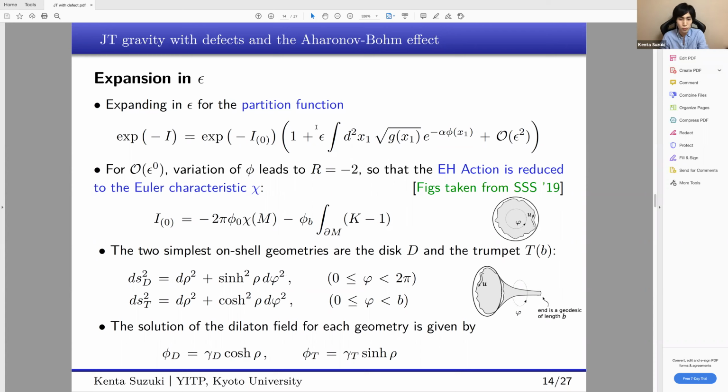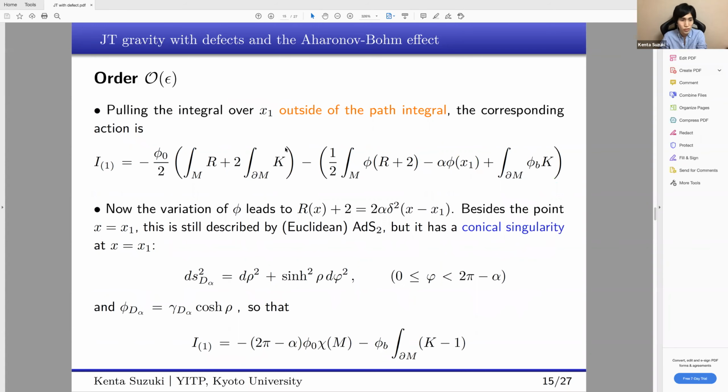For the next order in epsilon, the first order, we exclude this integration over x1 outside of the path integral. Then we combine this exponential factor together with the zeroth order action, which leads to this first order action, which has almost the same form as the original JT gravity action, except for this minus alpha phi(x1) term, which comes from the previous expansion in epsilon.